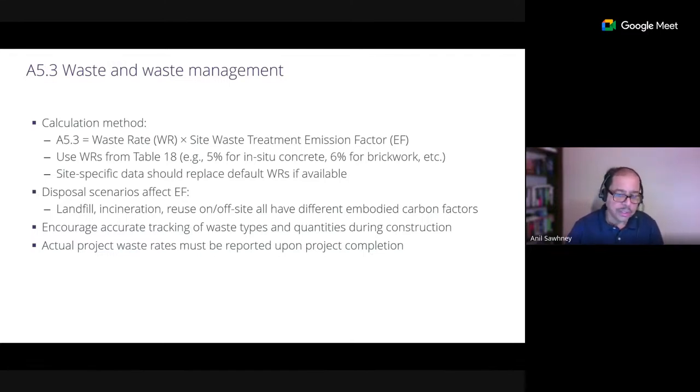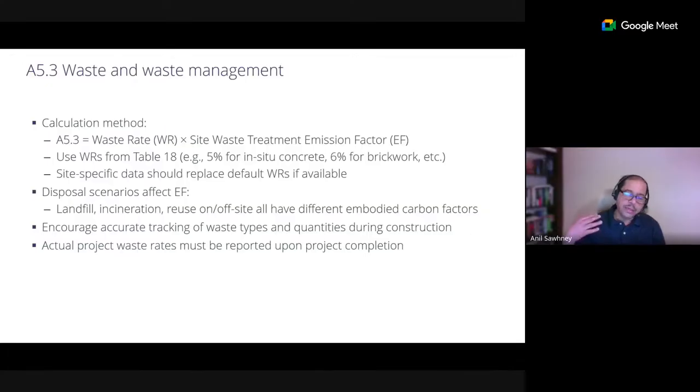So let's say ceiling plaster, interior wall plaster, when you pour concrete, when you do woodwork, there is always some percentage of wastage, and it's generally known to experts who work in this field. And then A5.3 emissions are equal to the product of the waste rate multiplied by what's called the site waste treatment emission factor, or EF.